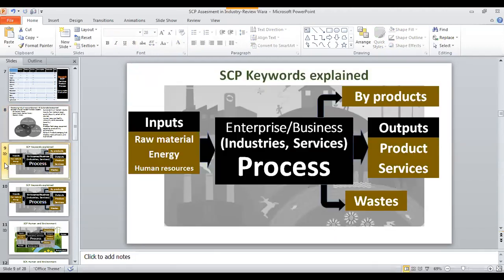So see this one. This summarizes all the sustainable consumption and production keywords explained here. You have the process, you have the inputs: raw materials, energy, and even human resources. Your outputs are there as products or even as services.